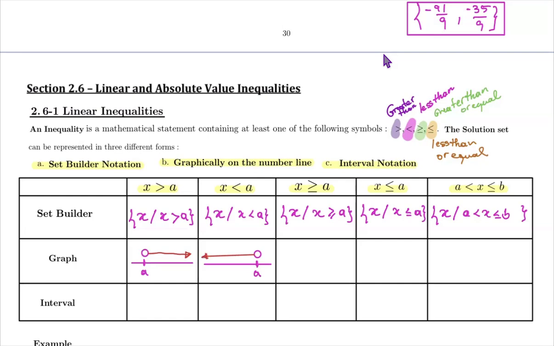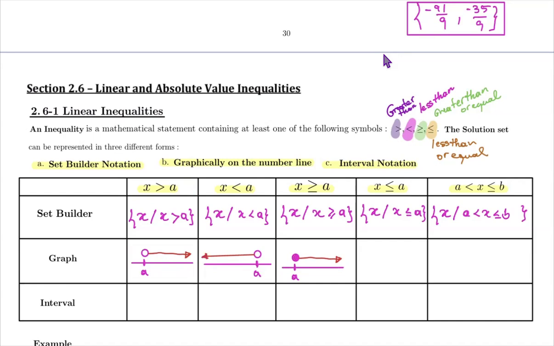Now, if x is greater than or equal to a, you're going to have the same scenario as when x is greater than a, with the exception that a is included. For that, we put a closed circle.